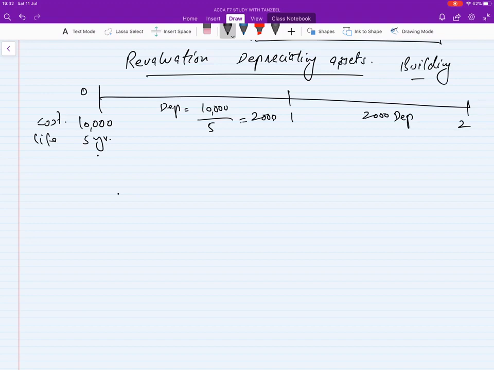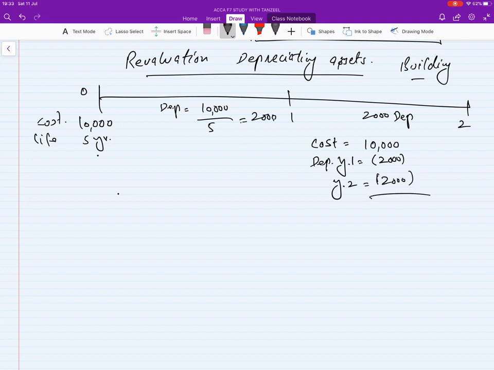Okay, and we can calculate here the NBV. How can we calculate? Let's do it from very basic. The cost was 10,000, and then depreciation for year 1 was 2,000, year 2 was 2,000.